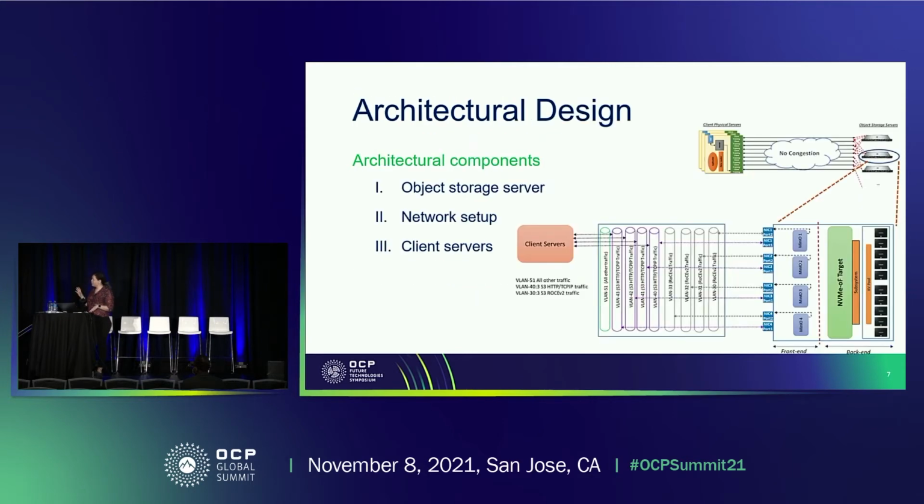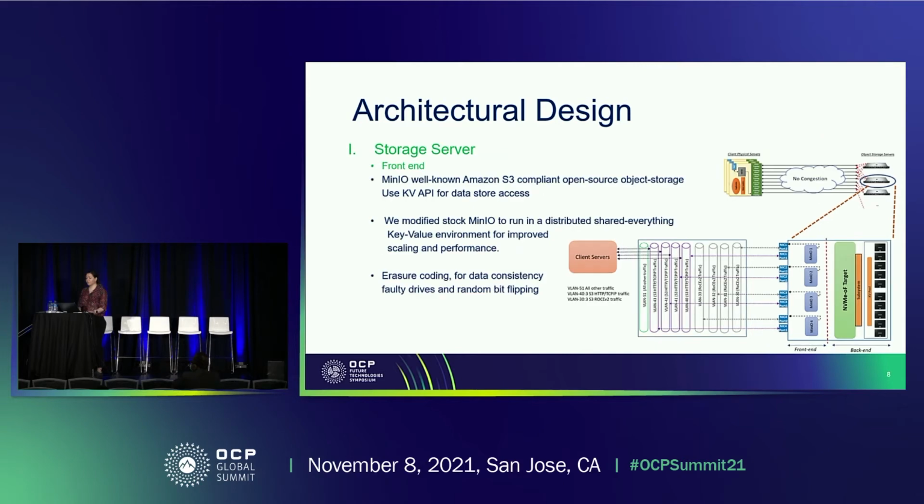If I want to deep dive into the architectural design, there are three main parts: our object storage server, the network setup, and the client server side. On the storage side, we have two different parts.